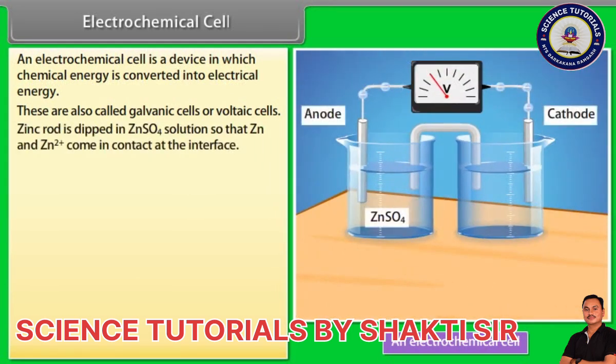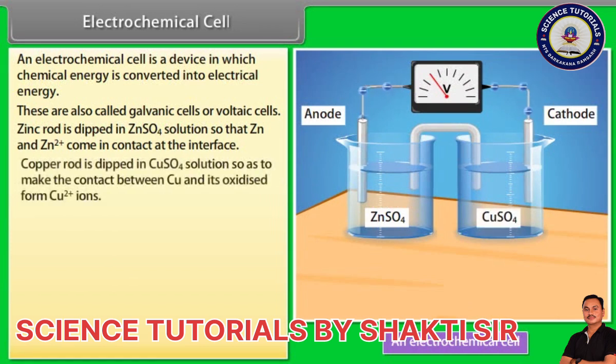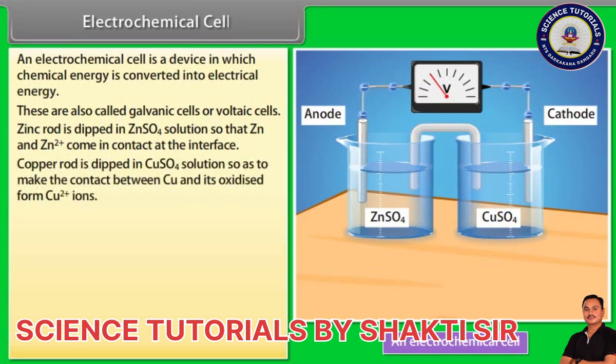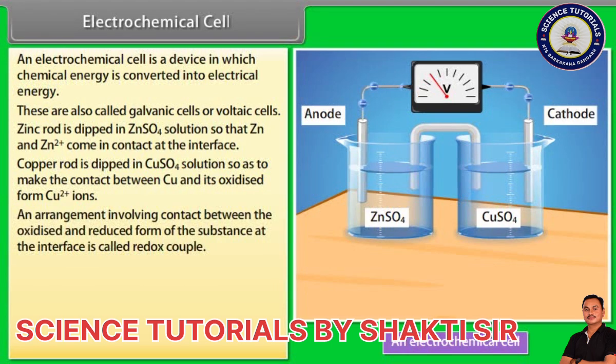Zinc rod is dipped in ZnSO4 solution so that Zn and Zn2+ come in contact at the interface. Copper rod is dipped in CuSO4 solution so as to make contact between Cu and its oxidized form Cu2+ ions.